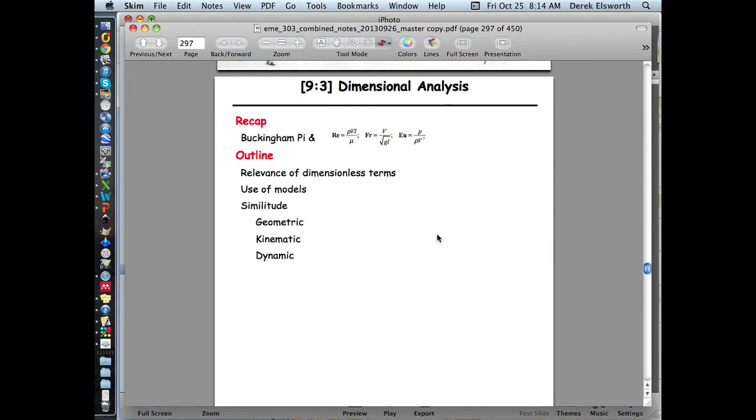So what I wanted to do today was just summarize the things that maybe were in those two components, 9.1 and 9.2, and then take it to the next part.